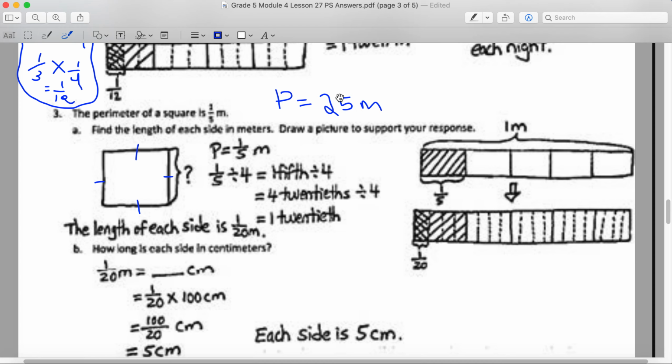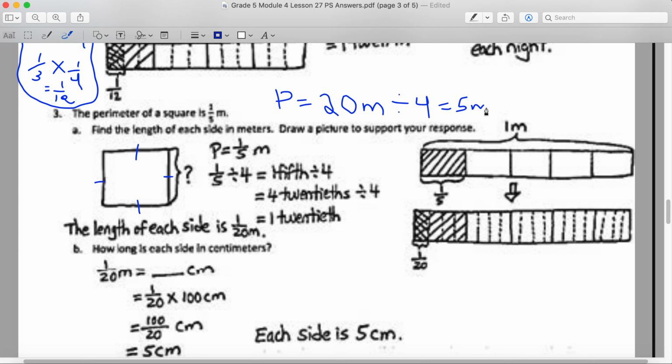If the perimeter was 25 meters, then in order to find the sides, well, let's do something that is a little bit more divisible. Let's say that it was 20 meters. So in order to find each side, and if I have the 4 sides that make up the 20 meters, then that means that I will divide this by 4, and I would get 5 meters.